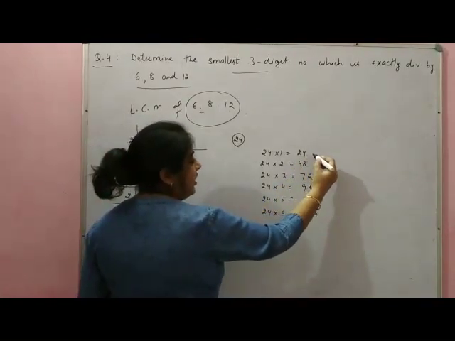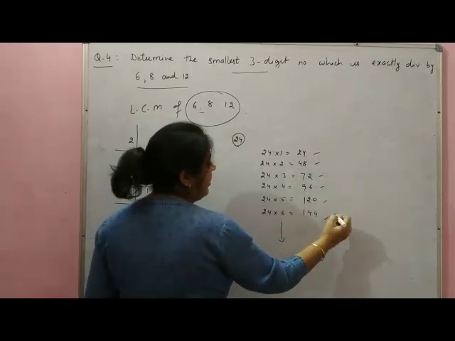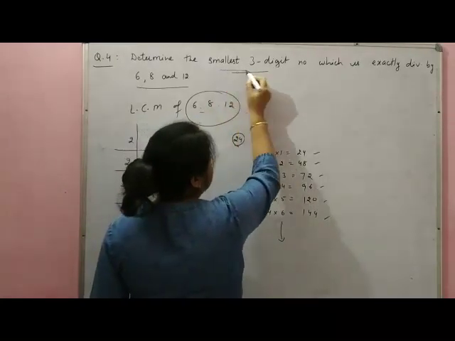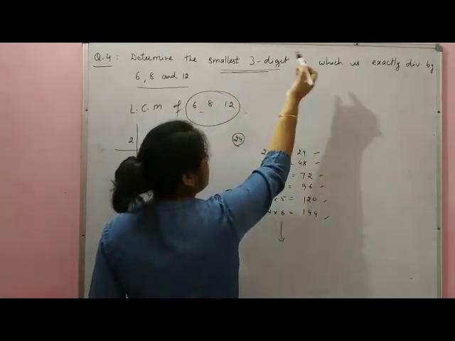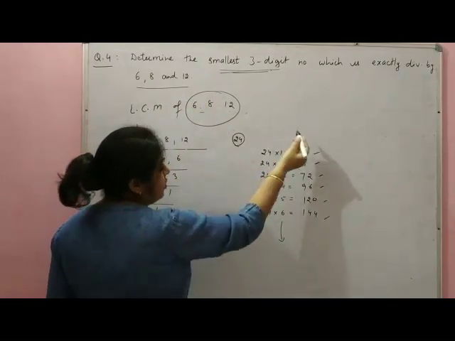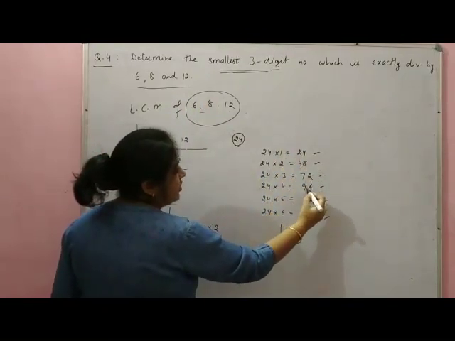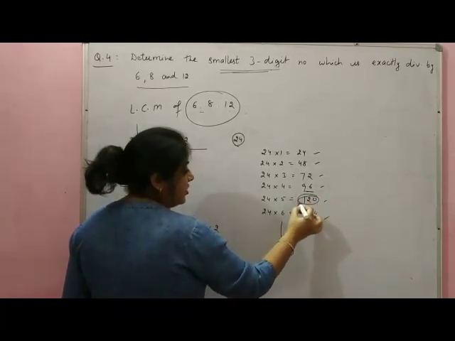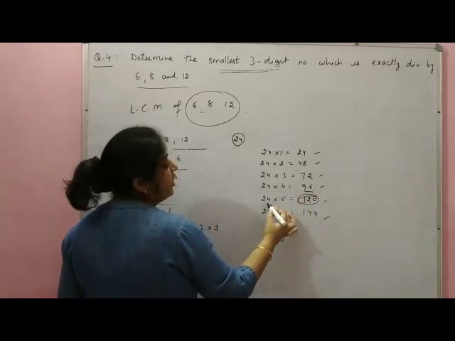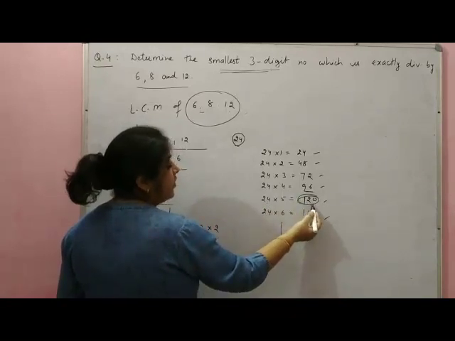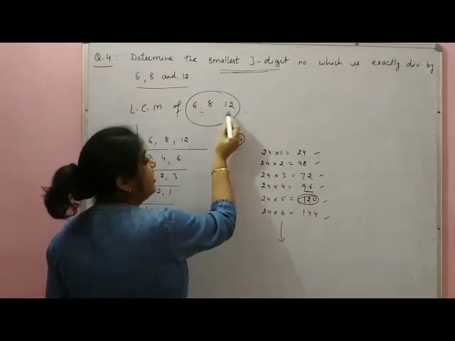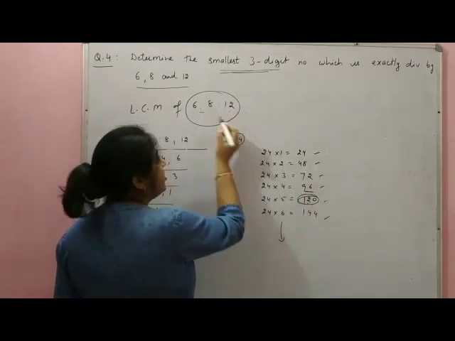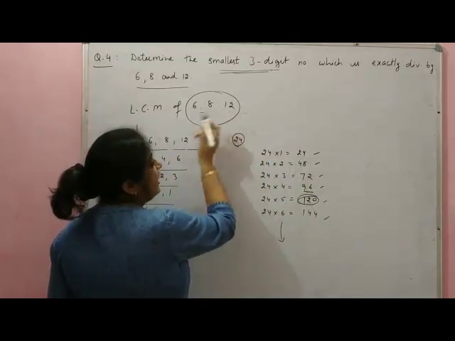Each multiple of 24 would be divisible by all 3. But see, what we have to find? The smallest 3-digit number which is divisible by all 3. Until here the numbers are 2-digit, so the first 3-digit multiple of 24 is 120. It means 120 is the smallest 3-digit number which is divisible by all 3 given numbers.